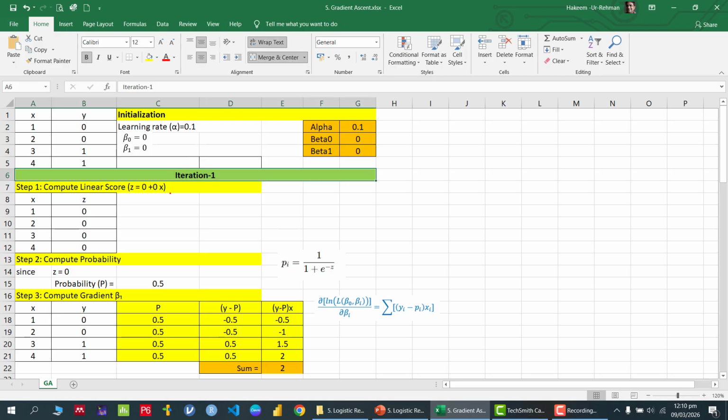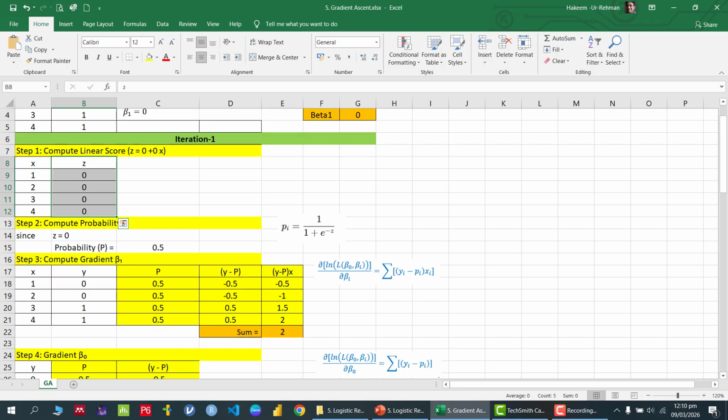Okay, so in the first iteration, first what I am going to calculate is the z, because we have only one input feature. So the z is going to be beta naught, which is 0, plus beta 1, which is 0, into the x. So we have calculated the z. Obviously, this is going to be 0. So what would be the probability?